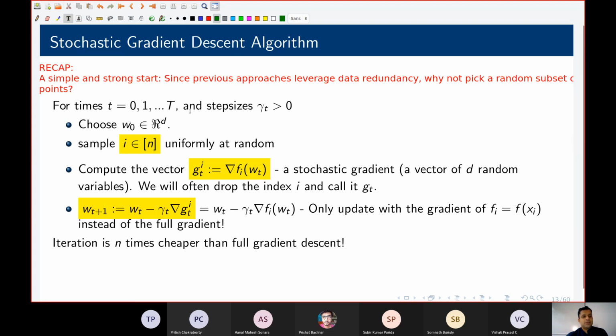So for times t equals 0 to capital T with step sizes. Now step sizes start becoming very important if you are looking at subgradient, and also with stochastic they are important. We also saw in the previous class, through some collab notebook exercises, how some of the accelerated versions, the momentum versions in some sense, are also giving a different perspective into the choice of the step size. But of course, they have an additional direction, momentum, also.